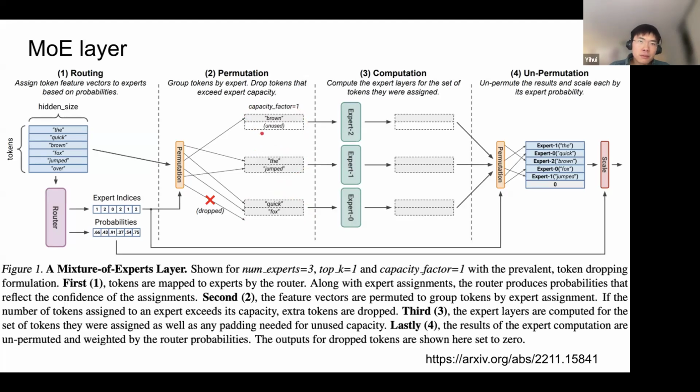Depending on the capacity factor, some of the tokens might be dropped. And the third step is the same as the original FFN layer, where you do the computation. After the computation, there will be an unpermute step where you need to arrange these tokens back to the original shape. And then the router probability is applied as a scaling factor on all of these expert features.